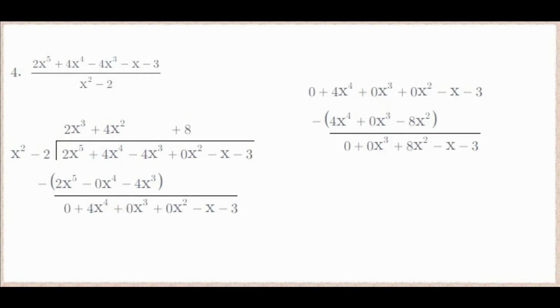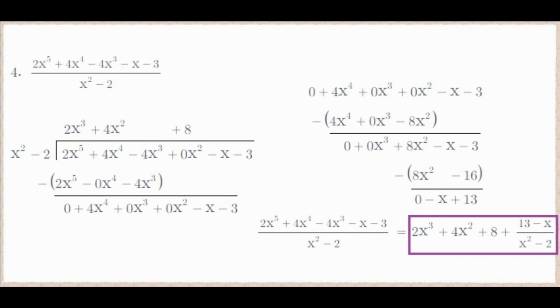So then we have 8x squared minus 16. Subtracting that, we get 0 minus x plus 13. So for our final answer, we end up with 2x to the third plus 4x squared plus 8 plus 13 minus x over x squared minus 2.